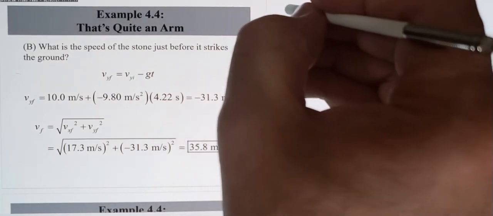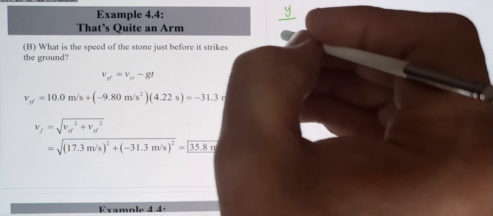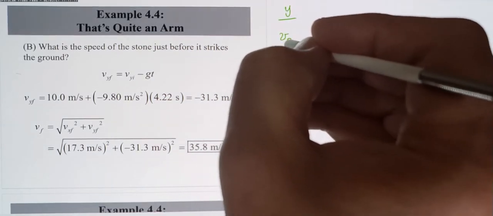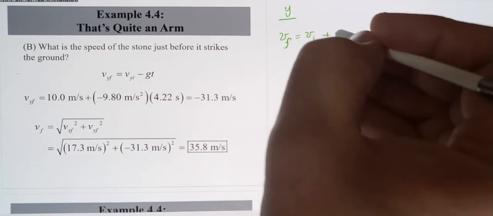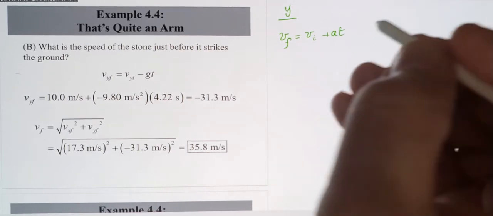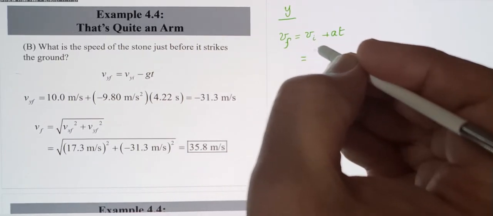So in the y, we use V final is equal to V initial plus at. So what was V initial in the y-axis?